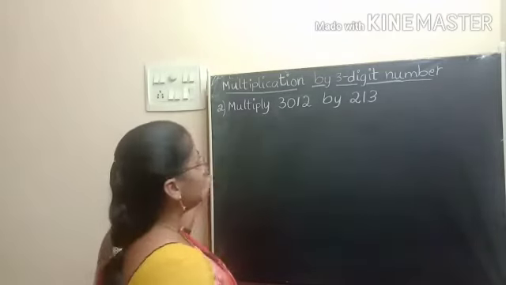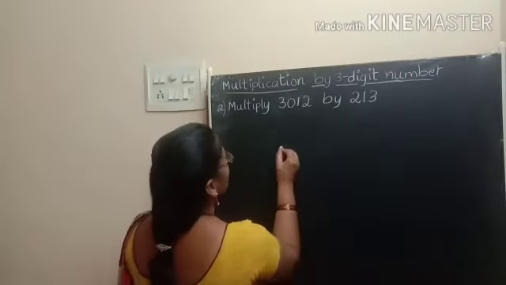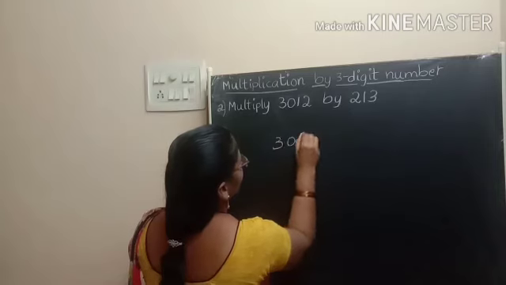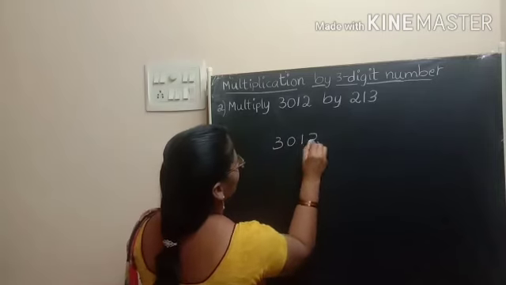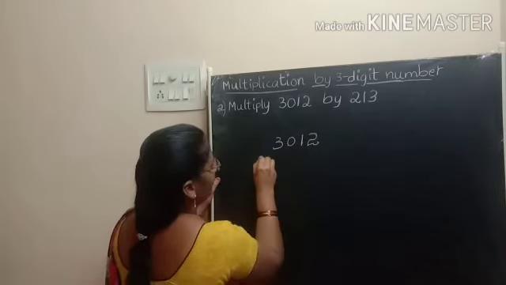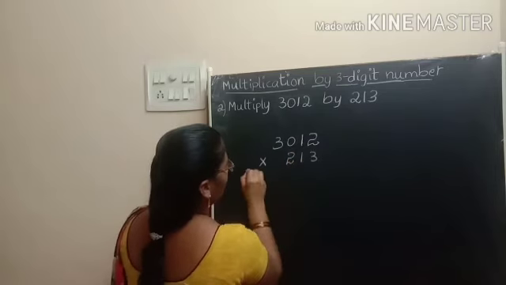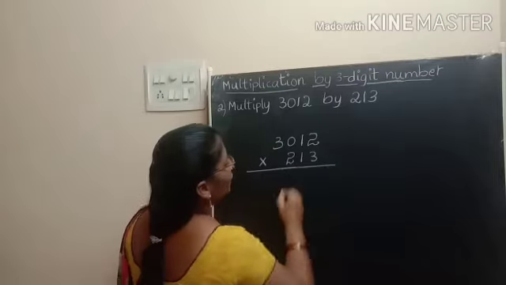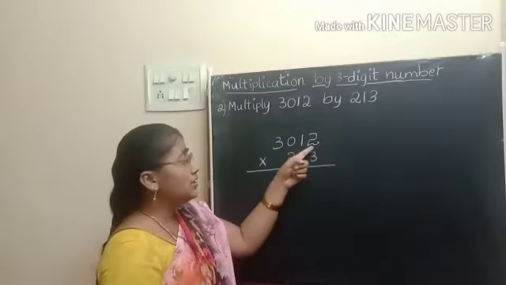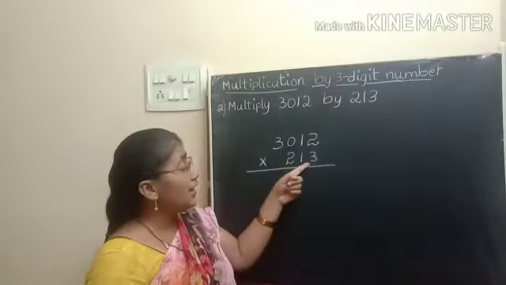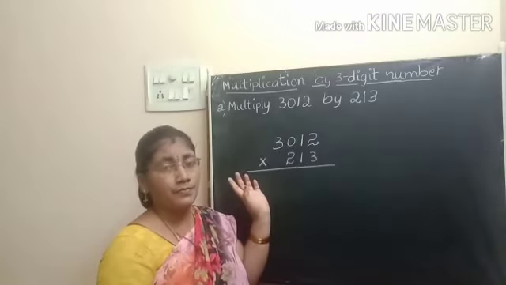Let us write these numbers. 3012 into 213. Now we should multiply each and every digit of the multiplicand with each and every digit of the multiplier.